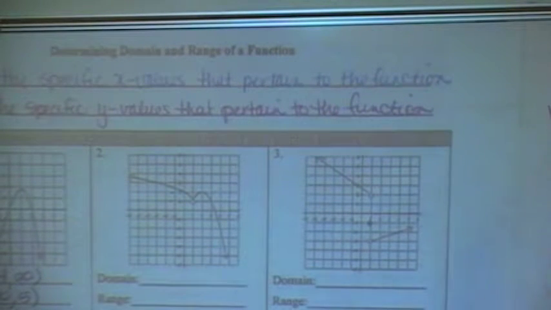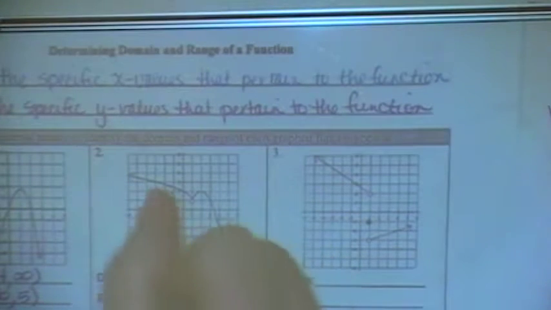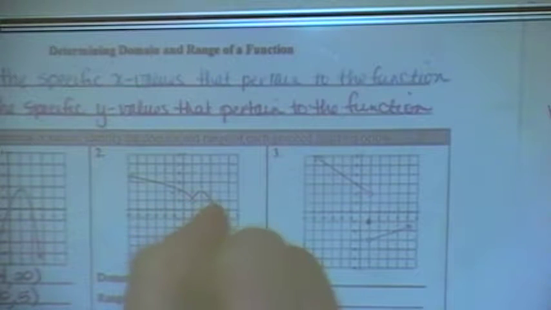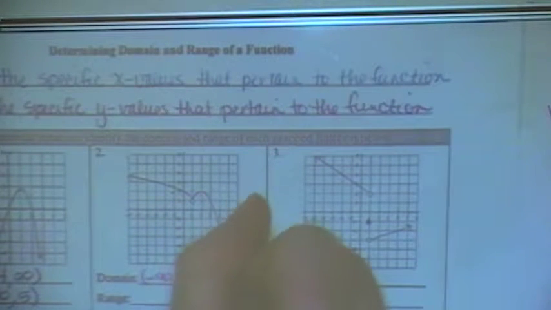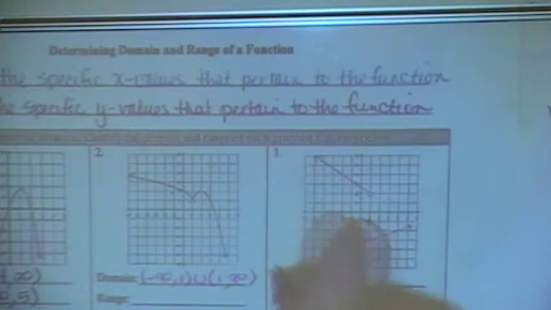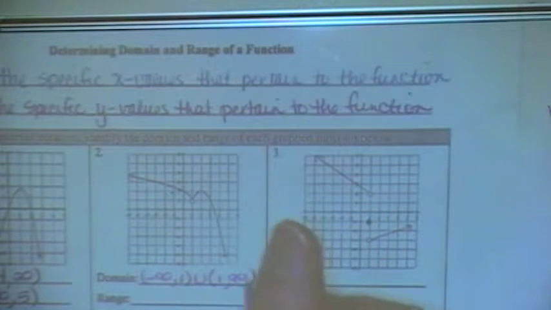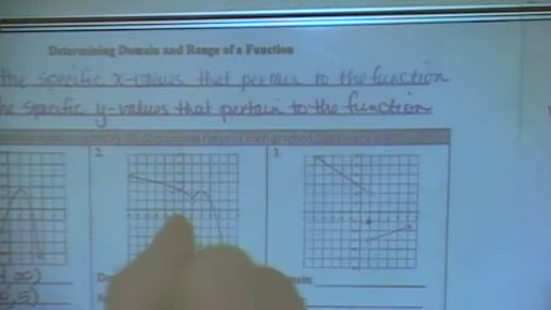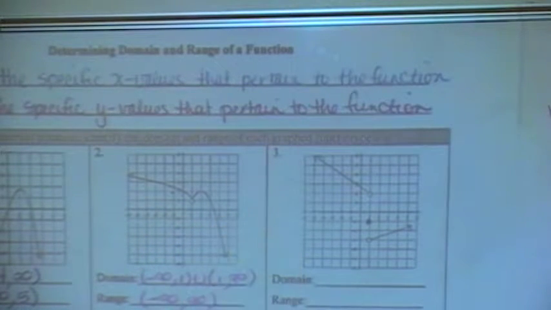Alright, this one's domain has to have 2 separate pieces because of that open hole, because the graph actually stops right there. So, negative infinity to 1 in union with 1 to infinity. The range, however, never stops. Okay, now that one can be a little confusing because of the open dot.